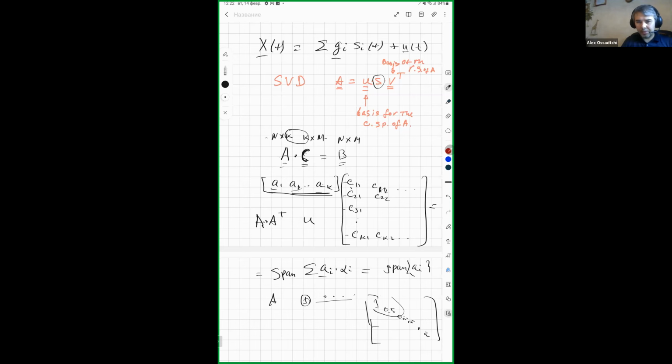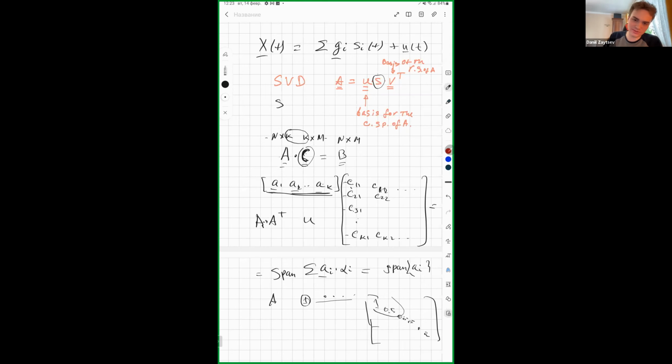Sure, but still, I don't agree that U is the column space of A. Well, it's true, U is the column space of A because, you yourself said that if C is full rank and everything is good, then it's true. Yes, in that case I agree.